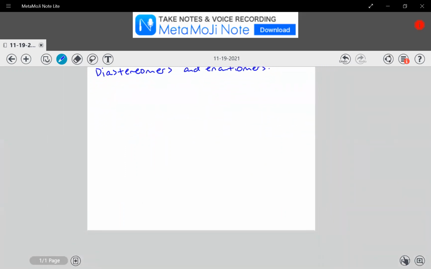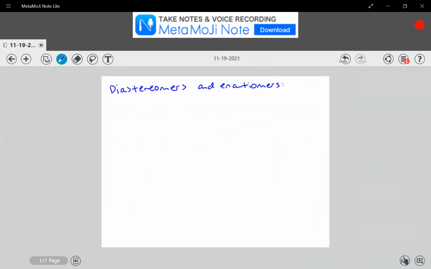All right, so remember when I said that RNS is only for enantiomers? Well, you see, I kind of lied about that. They can be used for diastereomers as well, but in a different way.